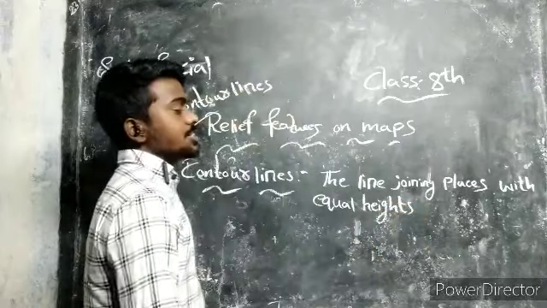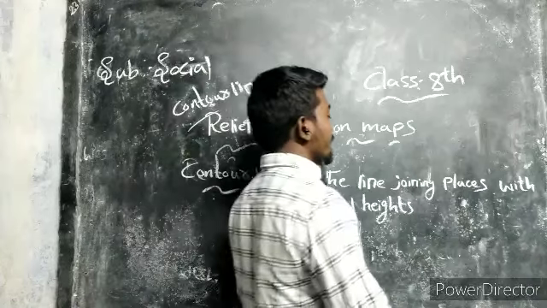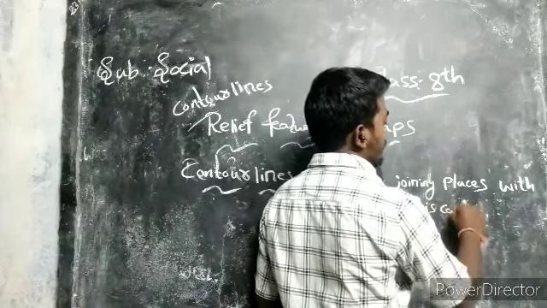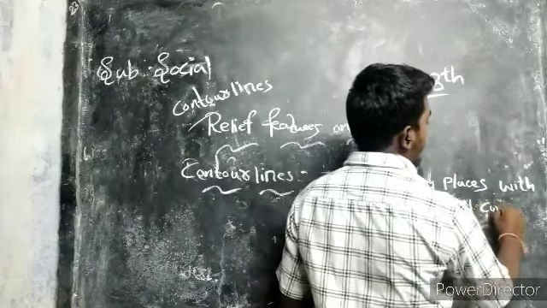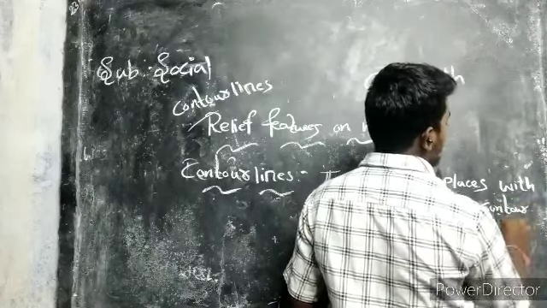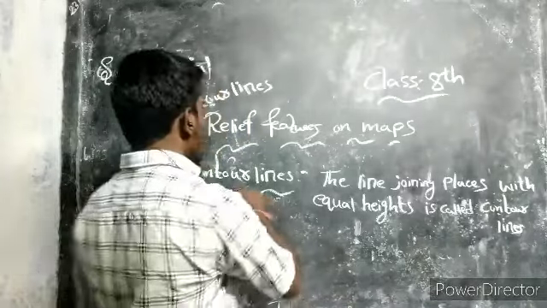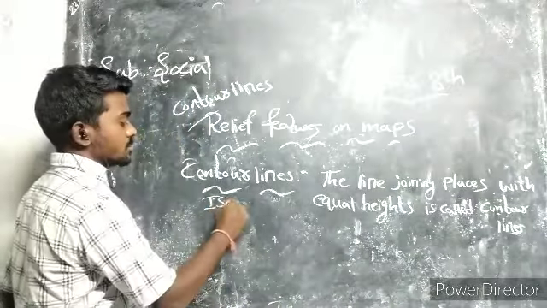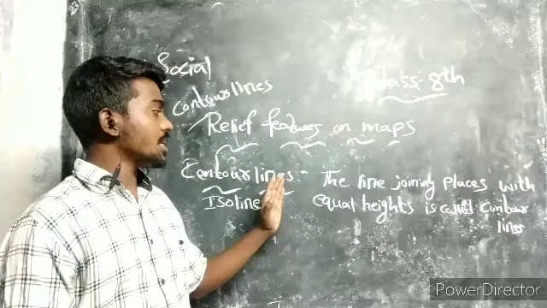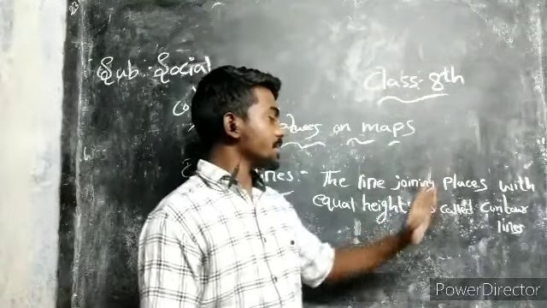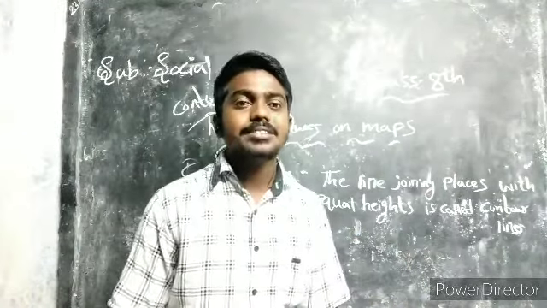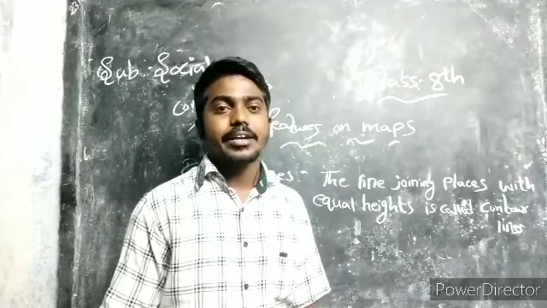The line joining places with equal heights is called a contour line. Contour lines are also called isolines.